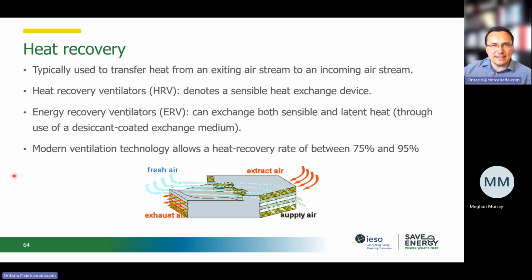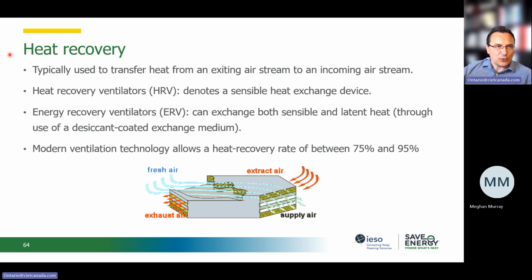So in this last slide of the section here, we are going to talk about heat recovery, because we can use this heat that's generated by various processes in our buildings to improve the efficiency of the HVAC system.